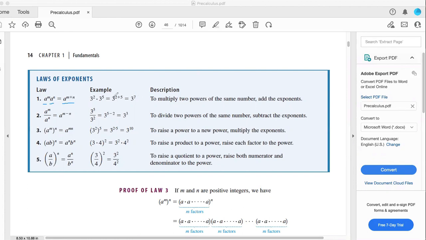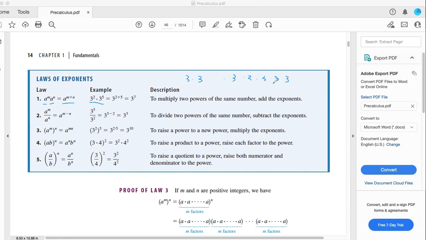So why is that the case? For example, we have 3 to the 2, which means 3 times 3. I multiply 3 by itself 2 times. And also we have 3 to the 5th power, so I have five 3s here: 3, 3, 3, 3, 3.